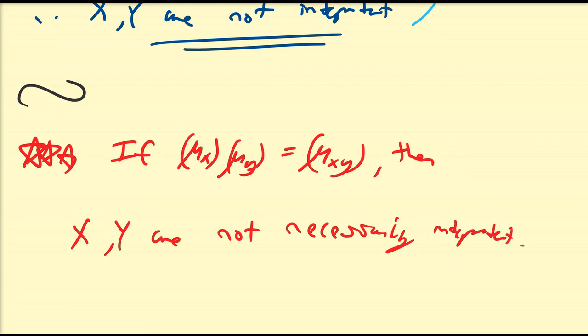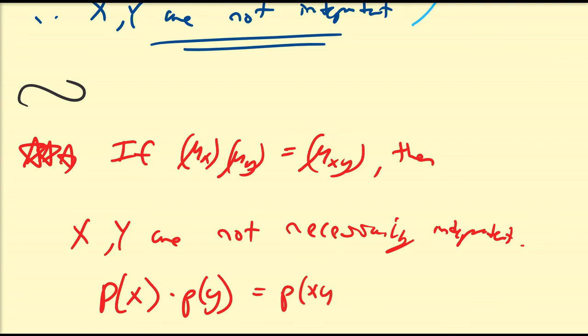Because remember, the probability of x times the probability of y must be equal to the probability of xy for all possible values x and y. Just because the mean products are equal to the product moment, it doesn't necessarily mean that it's true for every probability. So just because mu x times mu y would be equal to mu xy, that doesn't imply that they are independent, but they could be.